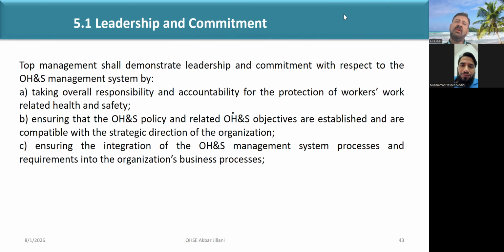The leadership and commitment for the management system is more important because when we are considering the PDCA cycle, it's coming in the P, also in the D, also in the C, and the A. It means the leadership is more important than other clauses, because the leadership is the engine of the motor car. It drives the other clauses.